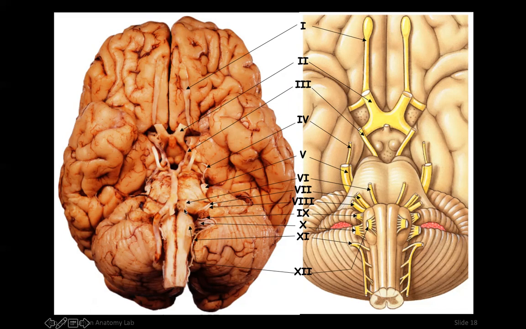Then if you move along the edge of the medulla, you get most of the rest of the cranial nerves in order. These next two, 7 and 8, they're emerging right next to each other at the pons medulla junction. That's the facial and the vestibulocochlear nerve. And these are often tangled up right next to each other. You won't be able to distinguish between 7, the facial nerve, and 8, the vestibulocochlear nerve.